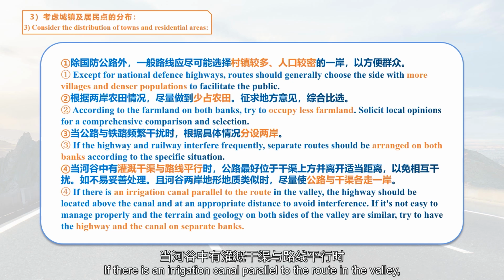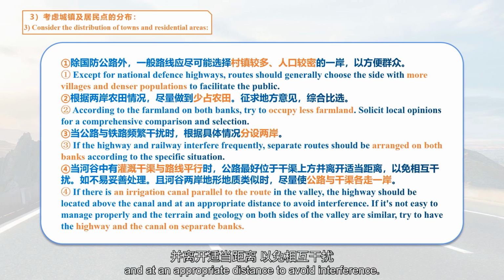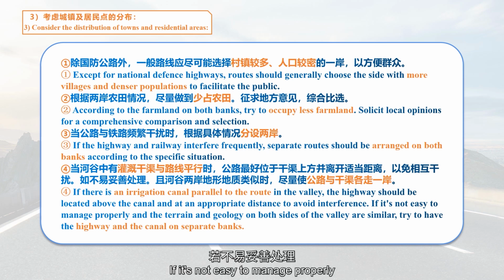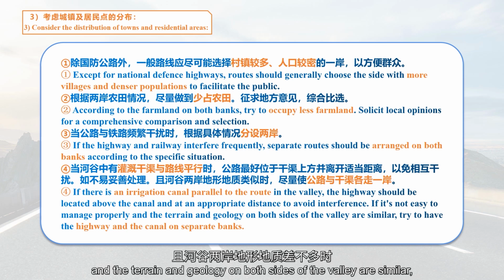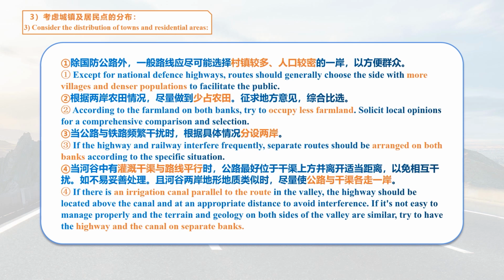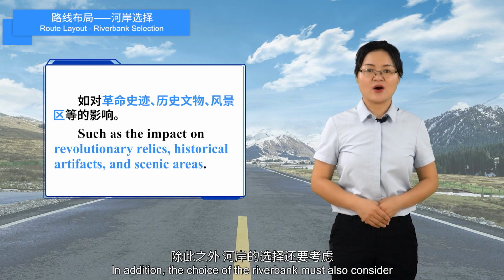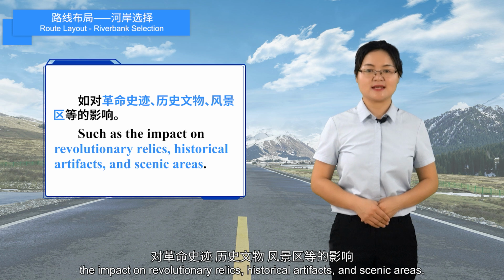If there is an irrigation canal parallel to the road in the valley, the highway should be located above the canal and at an appropriate distance to avoid interference. If it's not easy to manage properly and the terrain and geology on both sides of the valley are similar, try to have the highway and the canal on separate banks. In addition, the choice of the riverbank must also consider the impact on revolutionary relics, historical artifacts, and scenic areas.